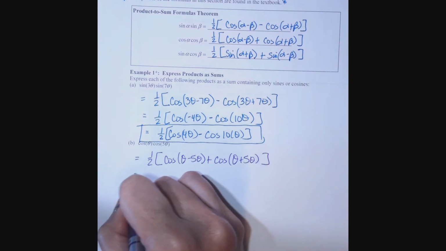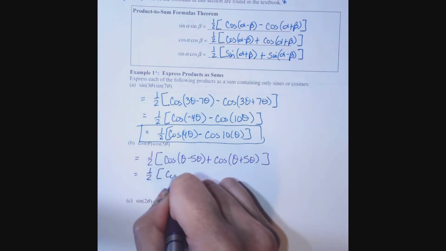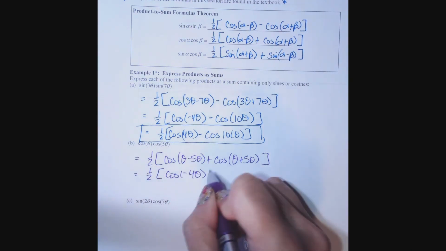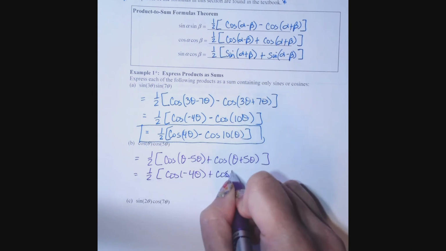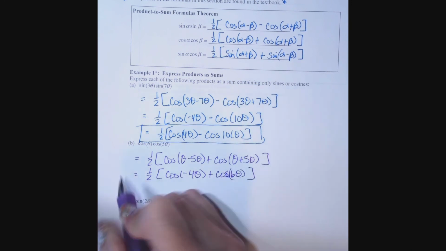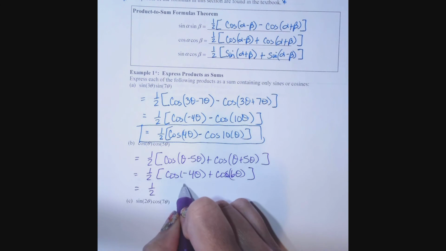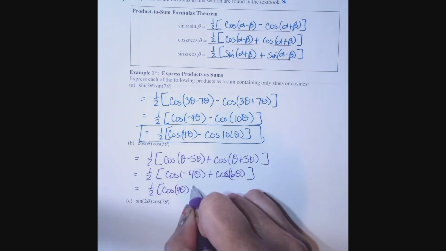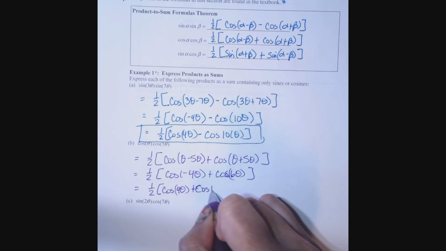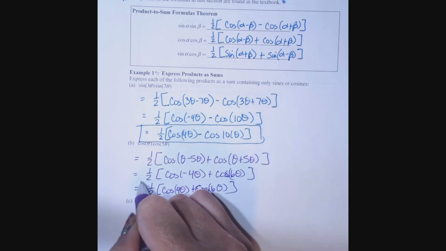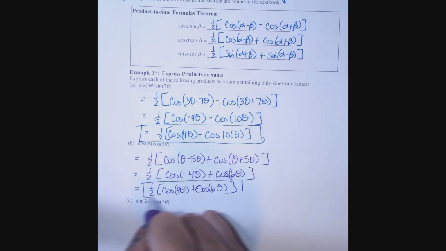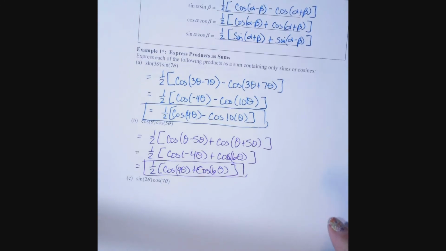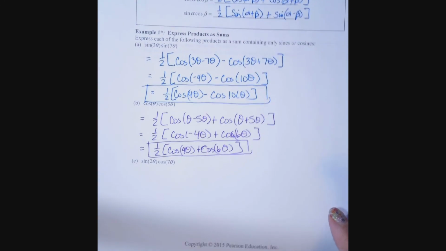Simplifying, I get 1/2 of cosine of negative 4 theta plus cosine of 6 theta. And then finally, cosine is an even function, so cosine of 4 theta plus cosine of 6 theta. Notice I don't go ahead and combine those. The arguments are different. Those are not like terms. So that is where I stop.